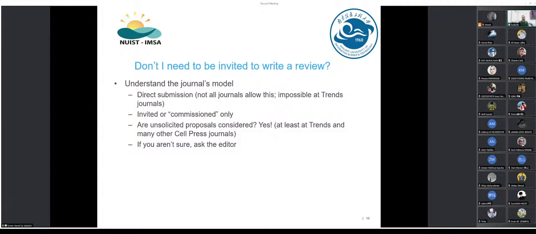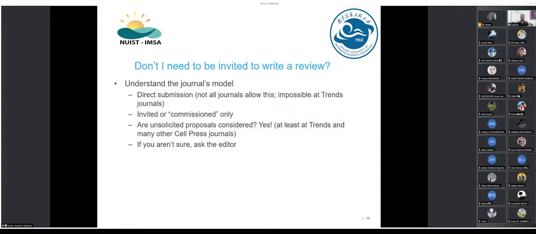Now, if you go for high quality papers, such as papers with high impact or papers which are Q1, for example, a Journal of Hydrology or high impact factors such as Trends, Nature publications, Cell publications, then you need to know that you should not submit your review directly.